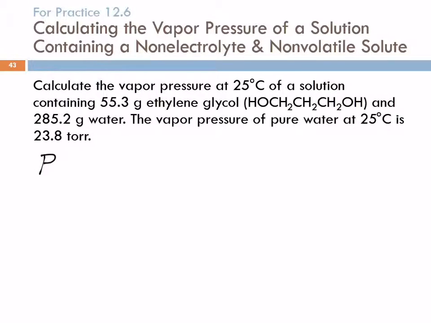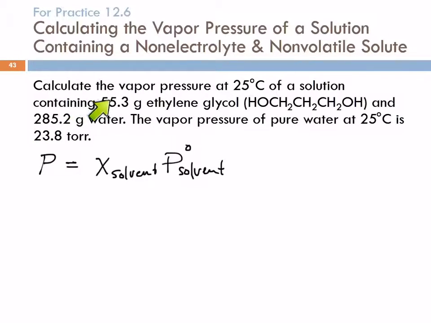The vapor pressure is going to equal the mole fraction of the solvent times the vapor pressure of the pure solvent.